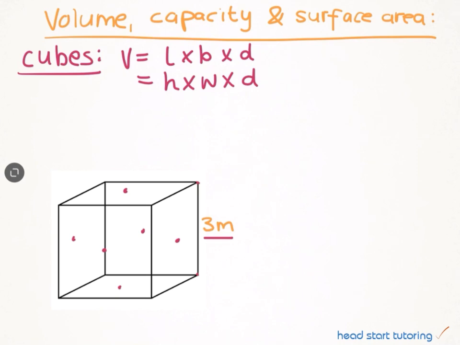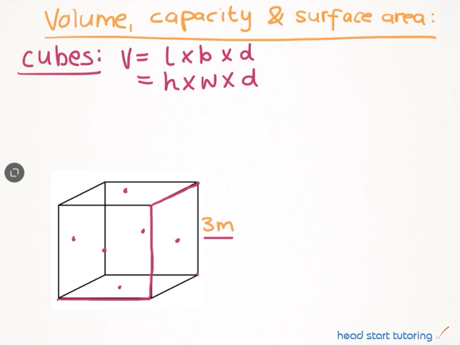There are a number of different formulae that you can use, as long as you are multiplying the width or the base by the height and then by the depth. So you basically are timesing those 3 measurements together. Whatever you happen to call those measurements doesn't really matter, as long as you are multiplying those 3 different measurements together.